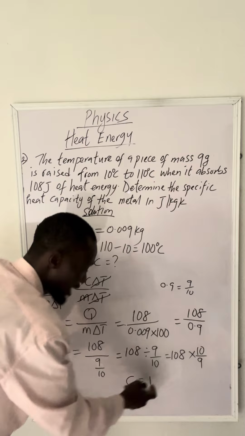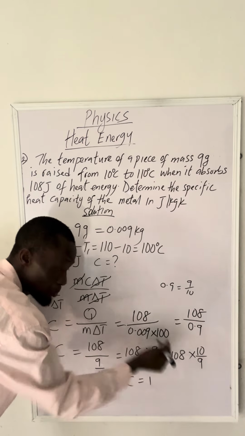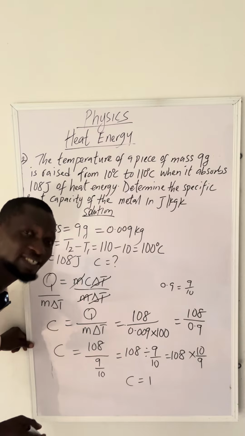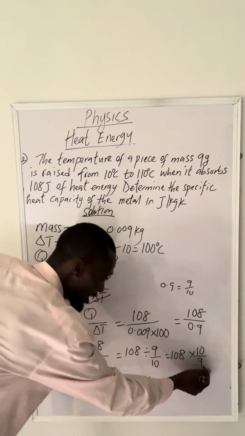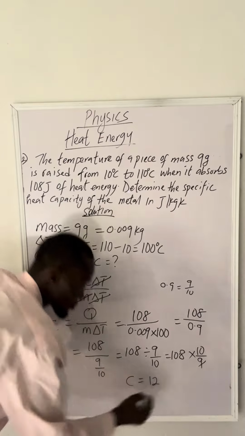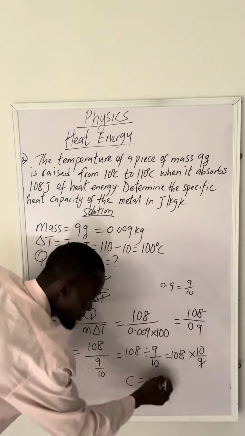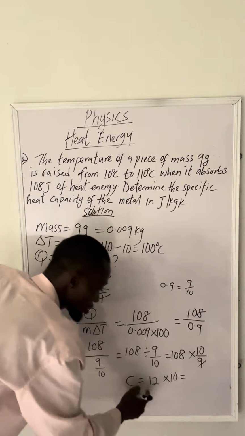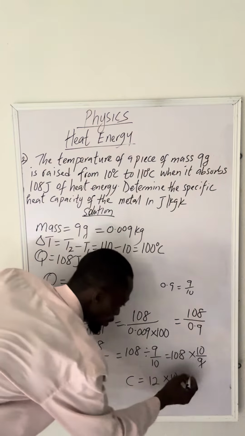Remember 1, put it here, making 18. So how many 9 are we going to see in 18? It's going to be 2, right? So times this 10. So this is going to give us 12 times 10, which is 120.